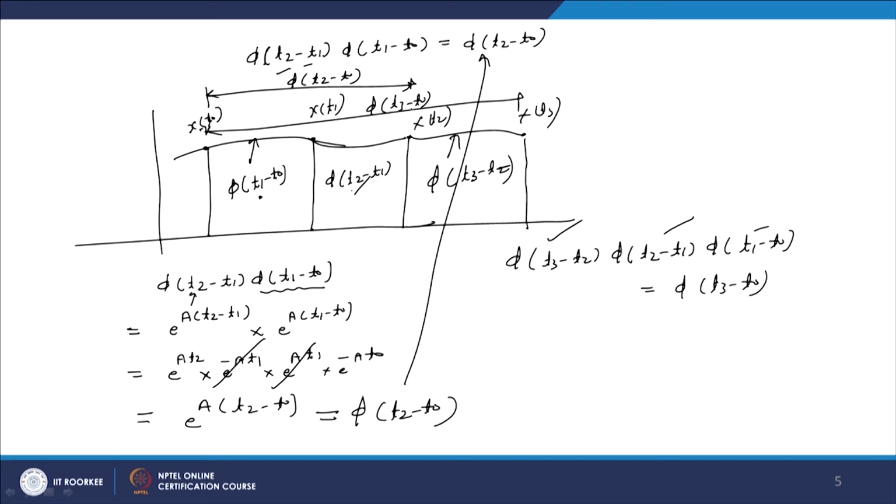Similarly, more states we can add, and we can express this in terms of the state transition matrix.